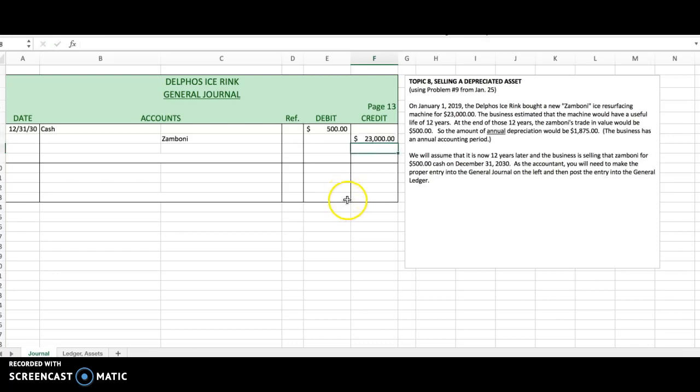Now, that amount is used because that's the amount that's in the account in the ledger. And we'll post that in a moment. The third account that's used is that other one that I showed you a moment ago in the ledger, and that will be another debit, as we will see.